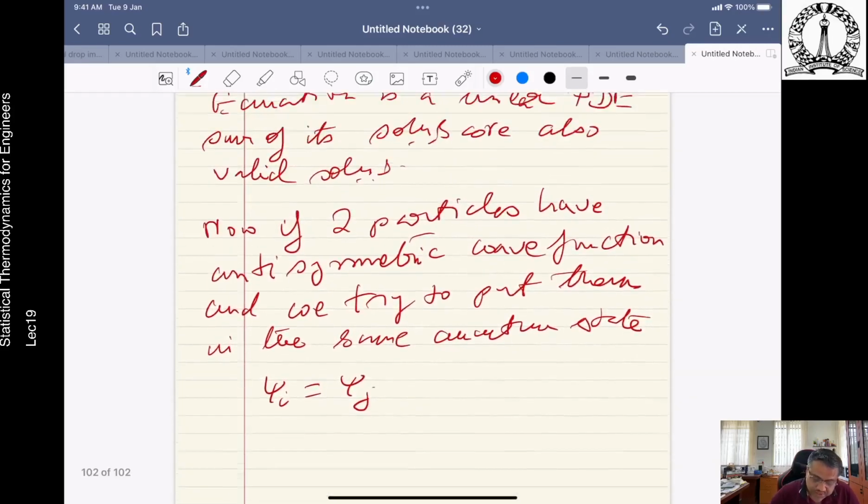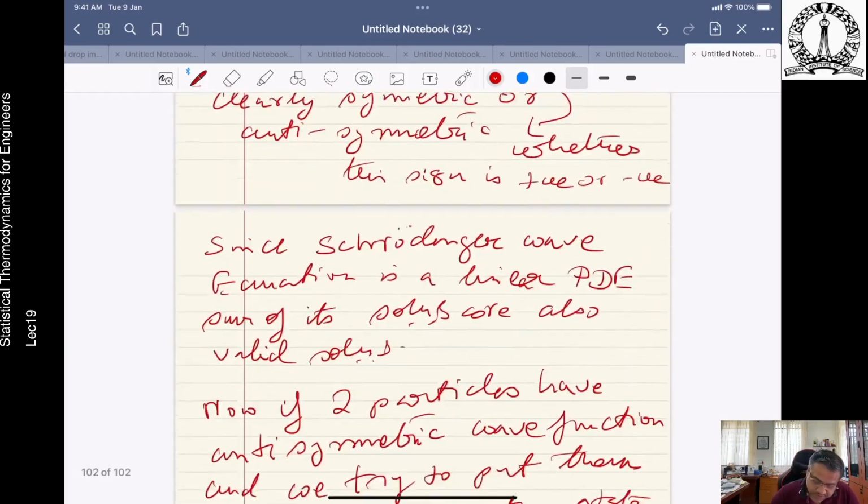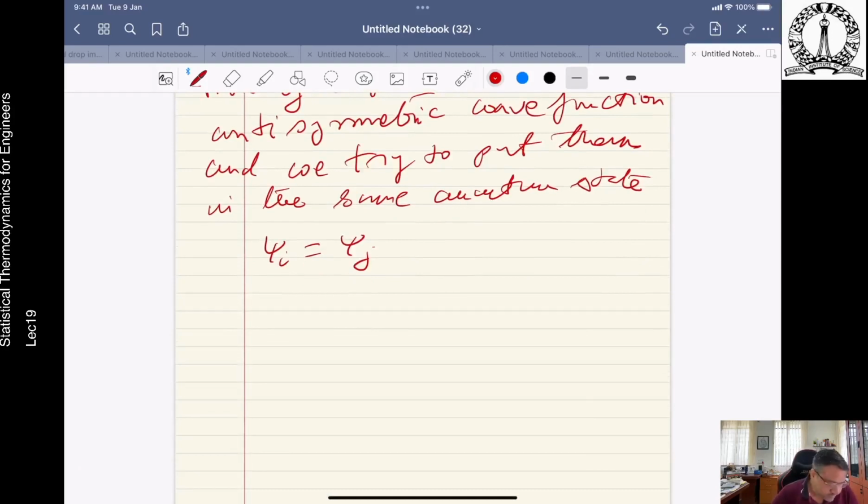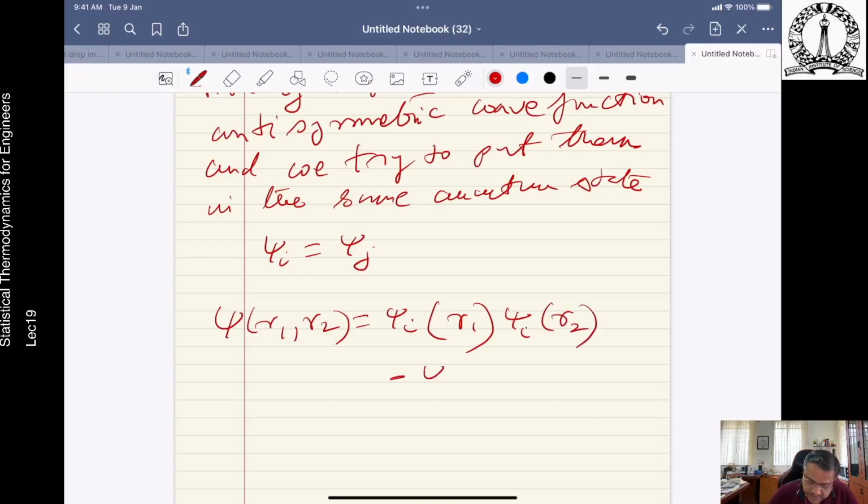Therefore the equation that we wrote previously will now become psi(r1, r2) equal to psi_i(r1) psi_i(r2) minus psi_i(r2) psi_i(r1). That is equal to 0.